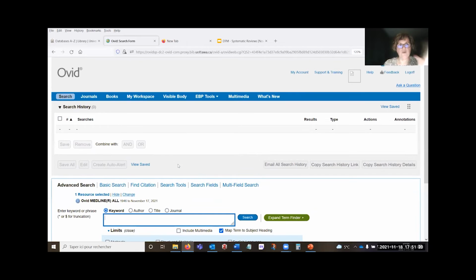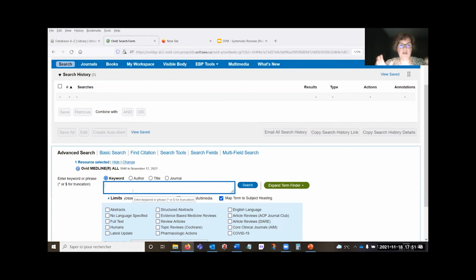Of course, this interface is a bit harder to navigate and use. There's a learning curve compared to PubMed, where it's a lot more intuitive to do searches. But of course, many people do advanced searching on PubMed as well. So I just want to mention that. It's all good.